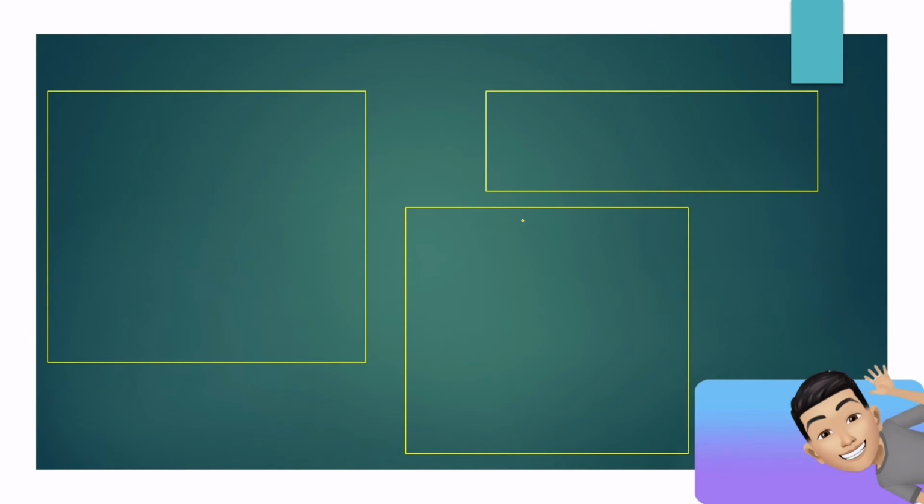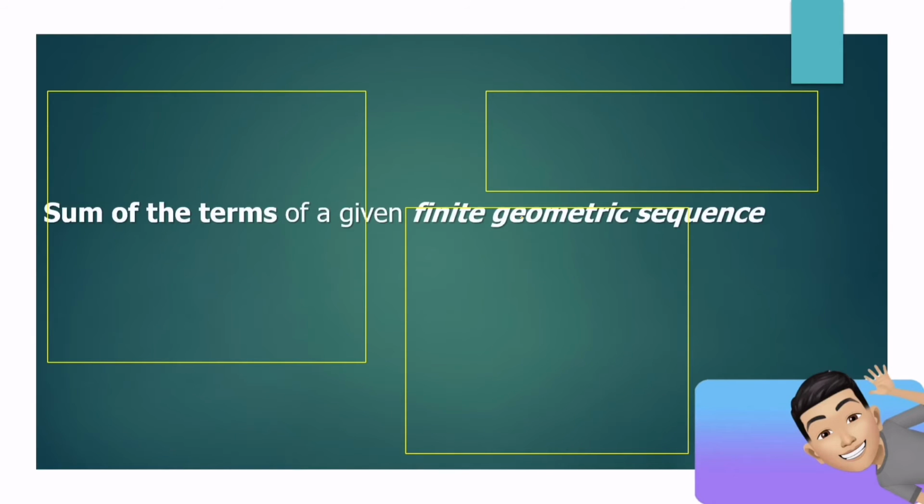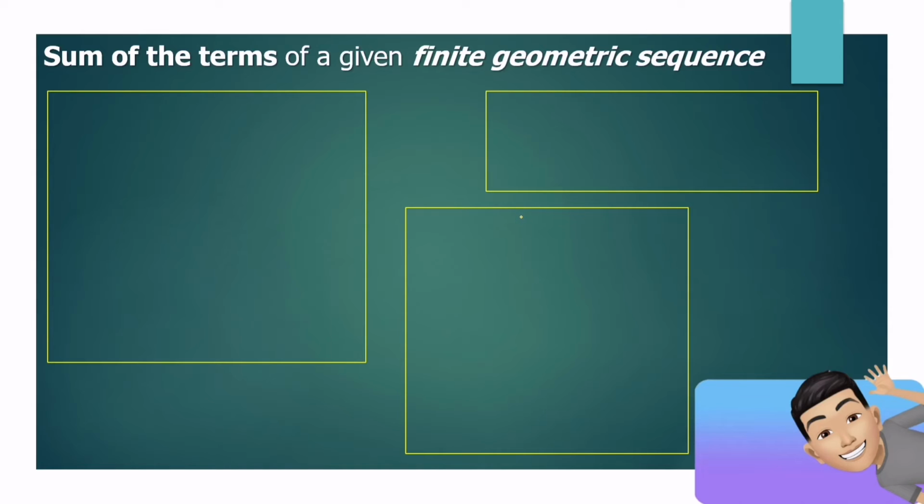Medyo malayo-layo pa tong ating pag-uusapan. We now have the sum of the terms of a given finite geometric sequence. So, dalawa kasi ang case nan eh. We can identify the sum of the terms of a given finite or infinite geometric sequence. So, una muna nating pag-usapan itong finite geometric sequence.